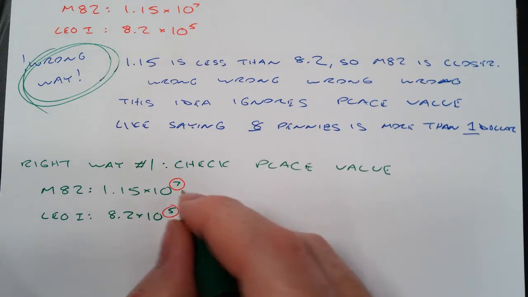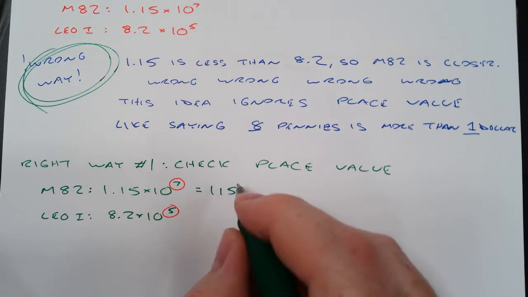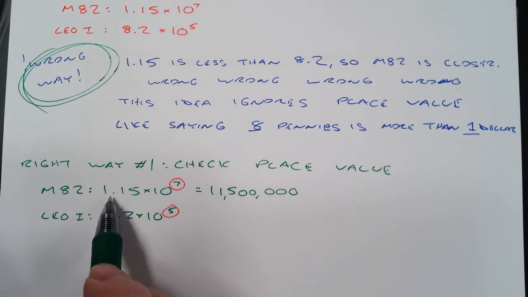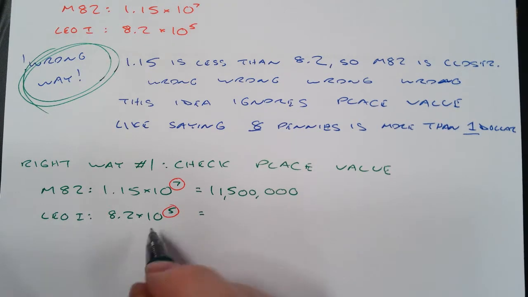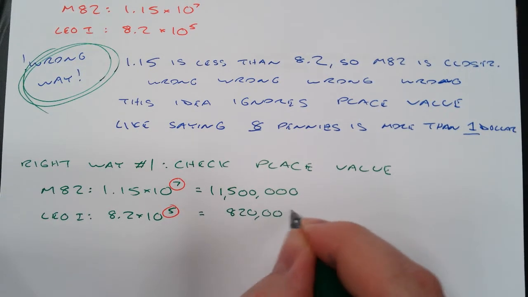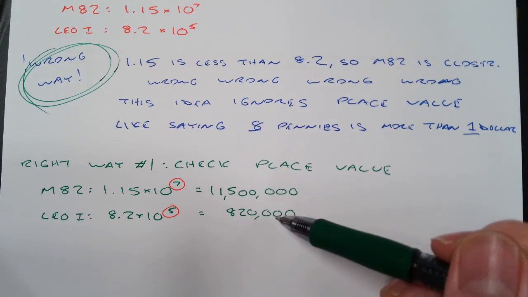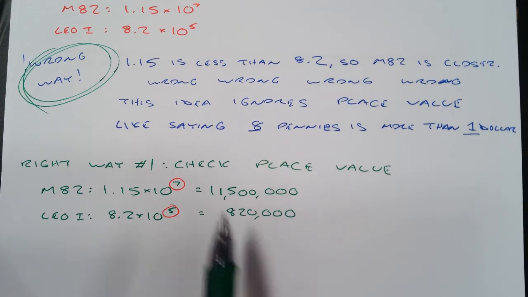Because if you do this, you find out that this scientific notation turns into this number. And the 8.2 turns into this number. When you look at the place values, you see the real difference between these 2 numbers.